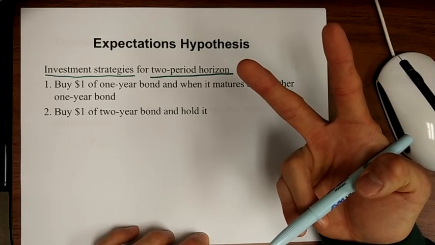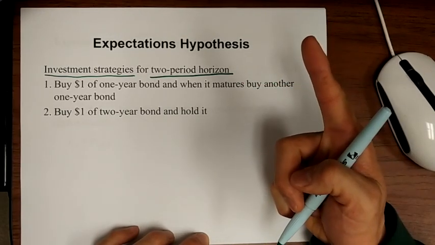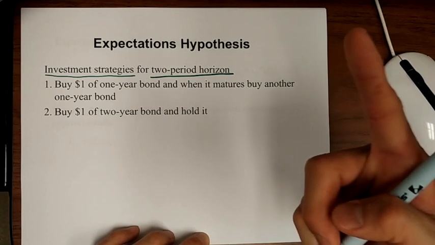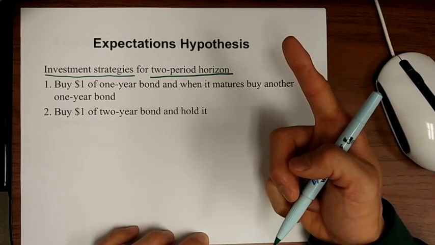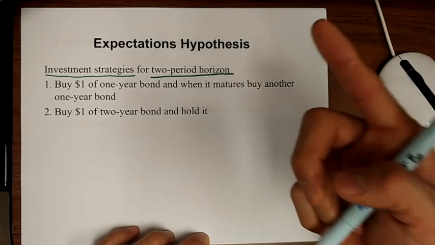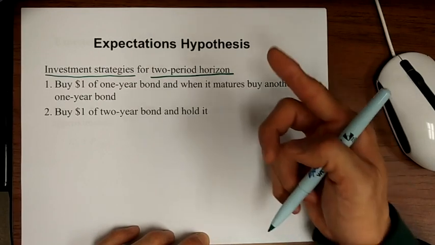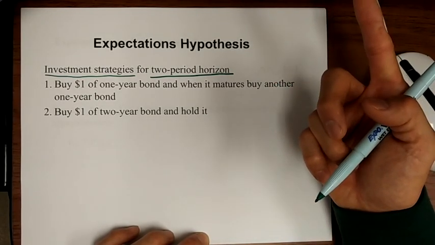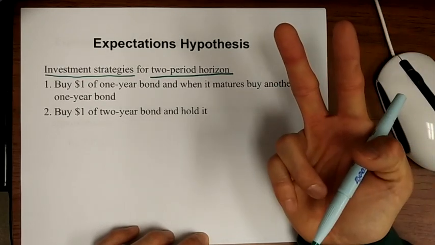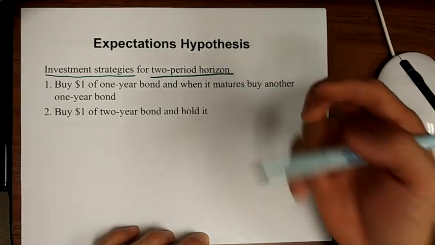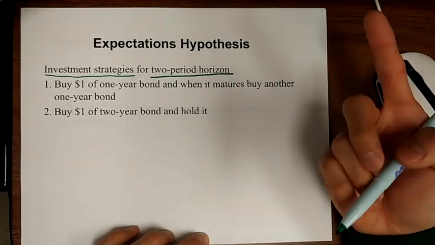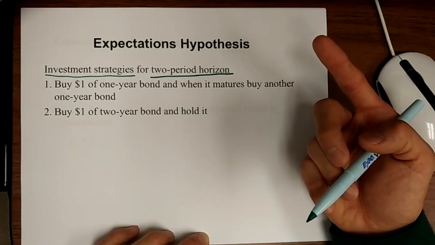Number 1, you buy a 1-year bond today, and then when the bond expires next year, you use the money that you get to buy another 1-year bond. So with a 2-year investment horizon, you buy two 1-year bonds consecutively.